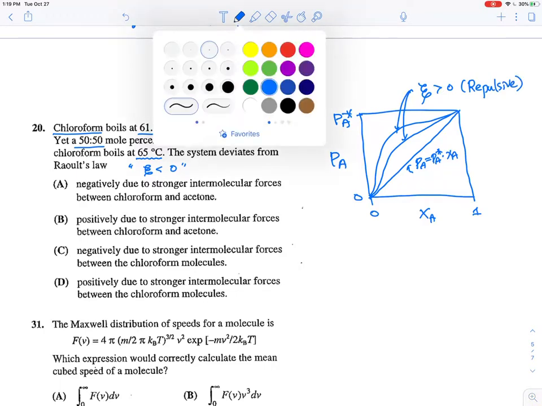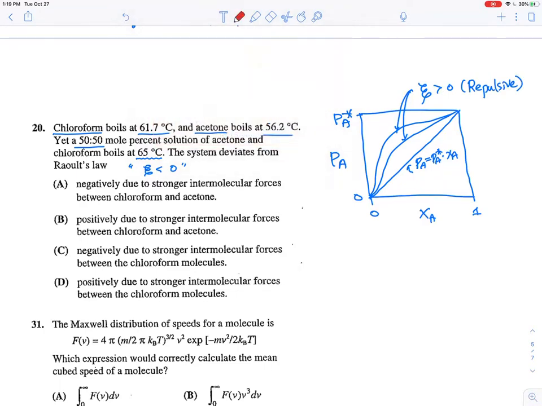But when you have something that looks lower than this, this is a case where your psi value is smaller than 0, a negative value, that means attractive interaction. So let's say the system deviates from Raoult's law.